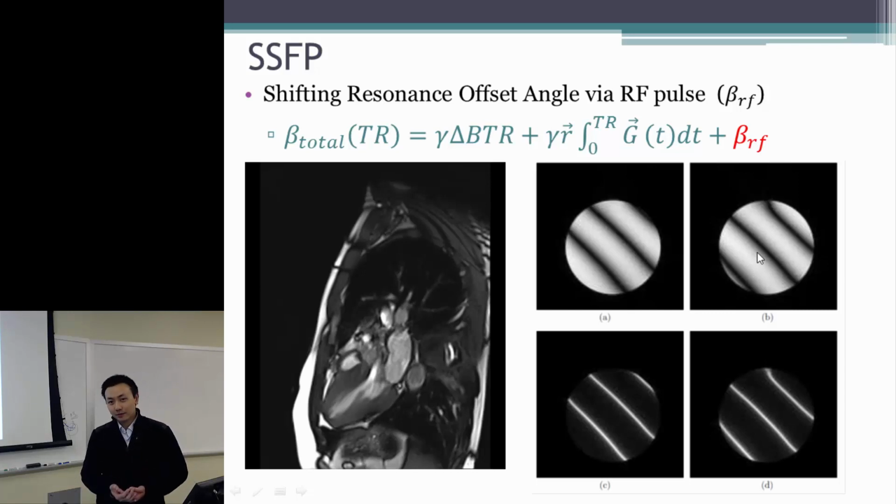Then we overlap them together and, for example, choose the highest point between these two, and it will give you a homogeneous high signal image, as if there are no off-resonance effects. This is a very cool idea, but the price is that you have to collect it twice.